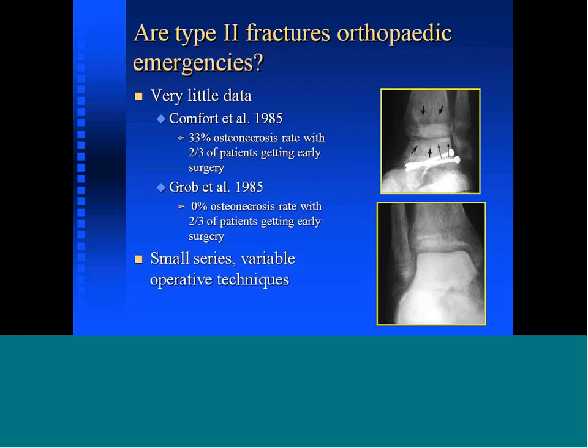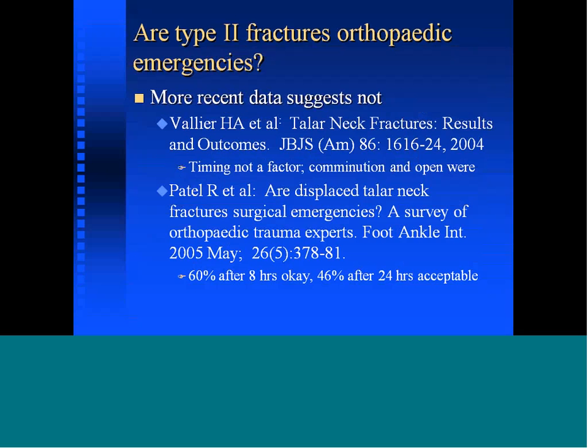Therefore, they were promoting that they be treated on an emergent reduction basis. But these are very small series, with very variable operative techniques. And I think you really have to look to more recent literature to understand that there's probably not an orthopedic emergency in regard to the management of these type 2 fractures.